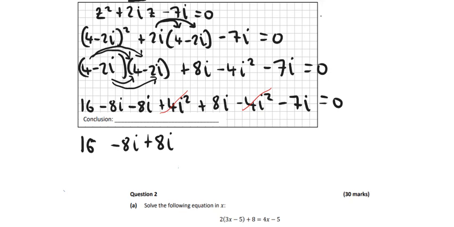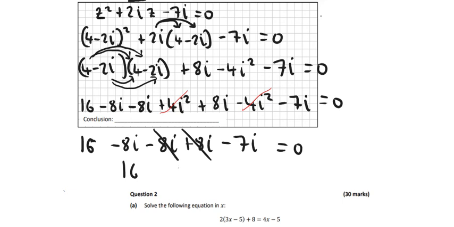Oh, there were actually two minus 8i's. So minus 8i minus 8i plus 8i minus 7i. Those two will cancel out. So I'm getting 16, and then minus 8i, take away 7i would be minus 15i equals 0.